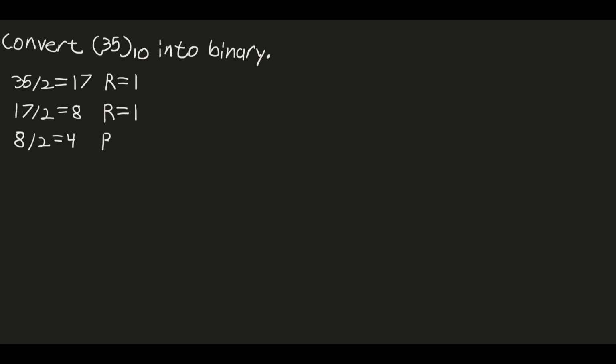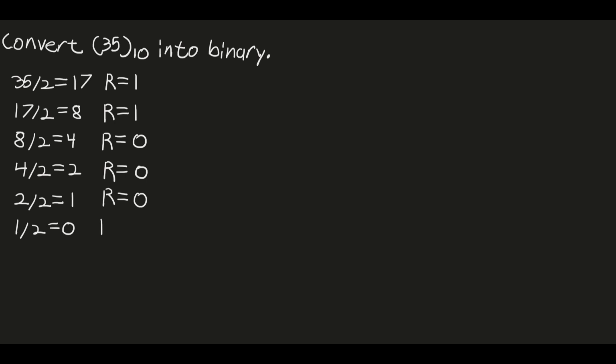The remainder is 0. 4 divided by 2, 2. Remainder 0. 2 divided by 2 is 1. Remainder 0. And finally, 1 divided by 2 is 0, and the remainder is 1.